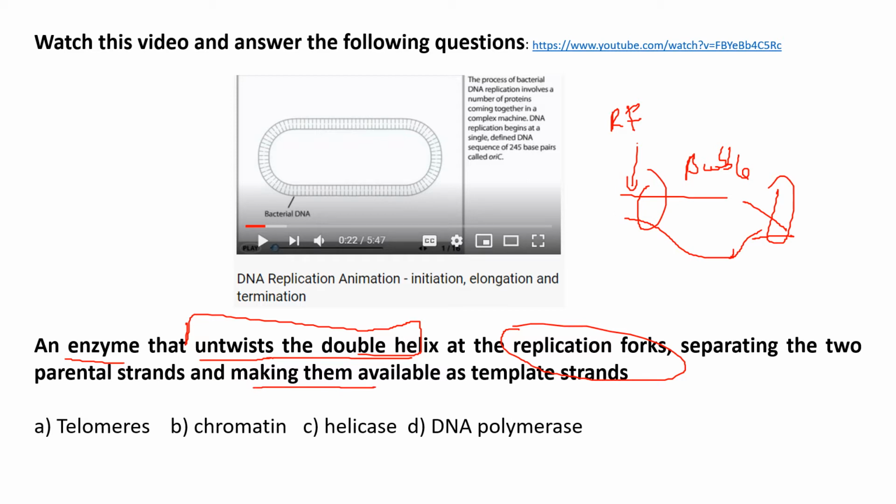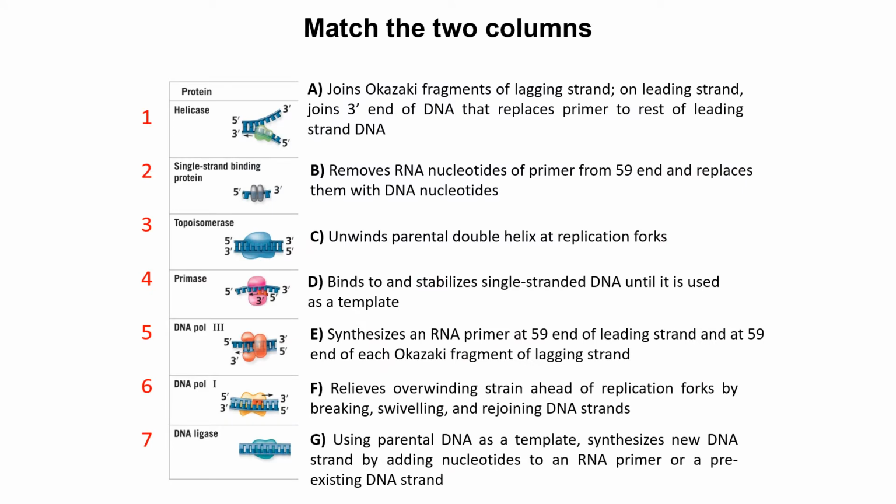So they give you these four options. It's very easy, and I just want you to think about it for a second, and I will answer that question in the next slide. If you remember, in the video lecture I gave you all these options, all these 7 enzymes, and here we have one that is very important.